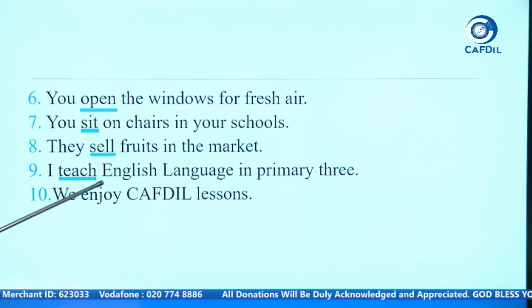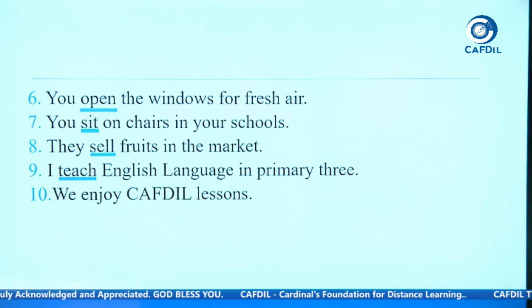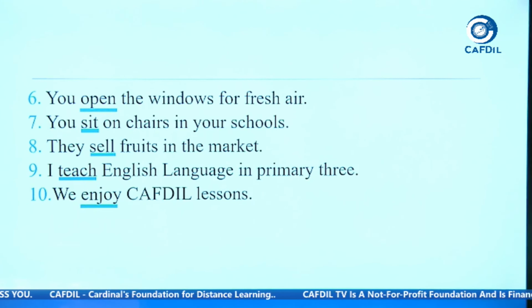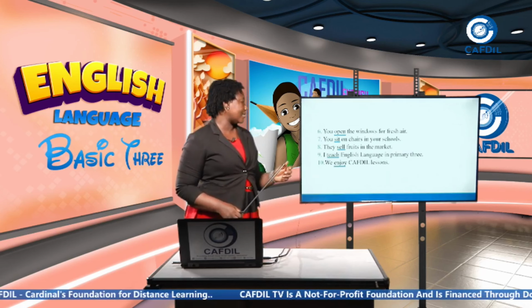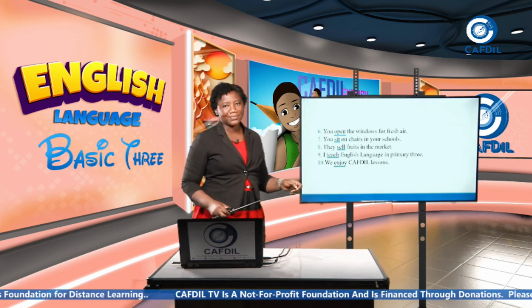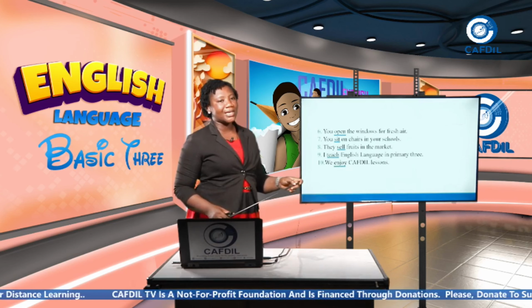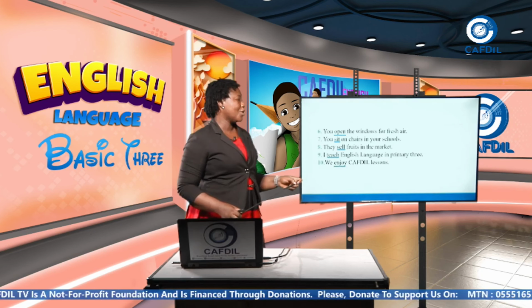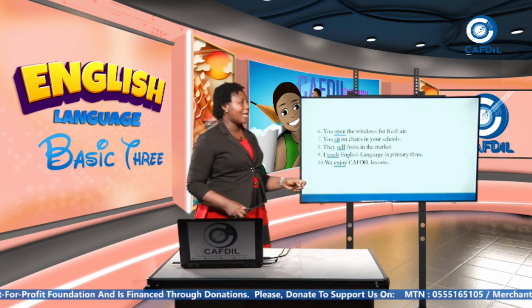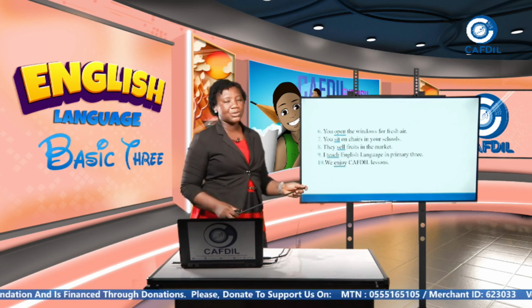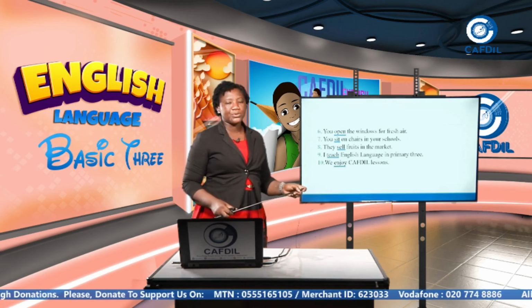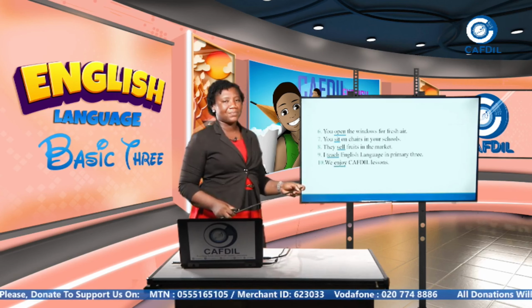Which one are we going to underline as our verb? Enjoy. Good. I'm sure you all had 10 over 10. If you did not get 10 over 10, don't worry. You need to work harder. And please do your corrections so that next time you find them anywhere, you will be able to identify them.